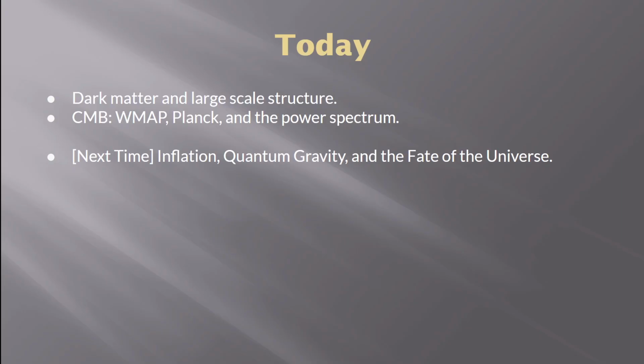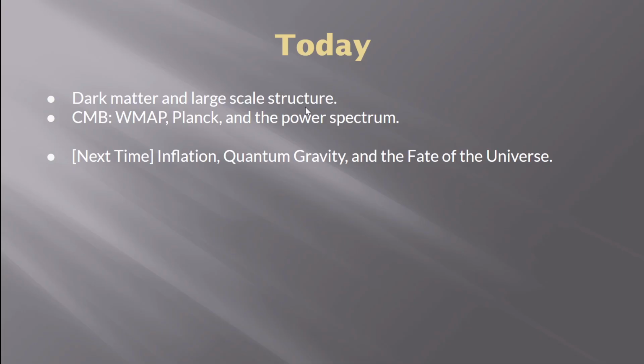And regarding today, we're going to talk about the evidence for dark matter and how this relates to cosmology as a whole through this kind of jargon, but I think it really makes sense. The phrase is large scale structure.